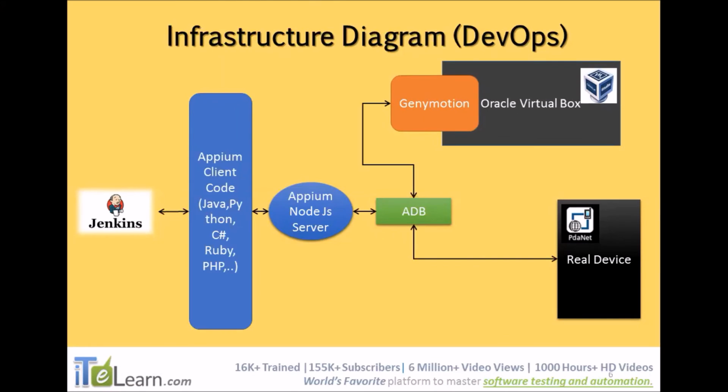Okay, so going further, I will practically show the installation and configuration of the Appium server and how to host the Appium node server to communicate with the virtual devices or real devices.